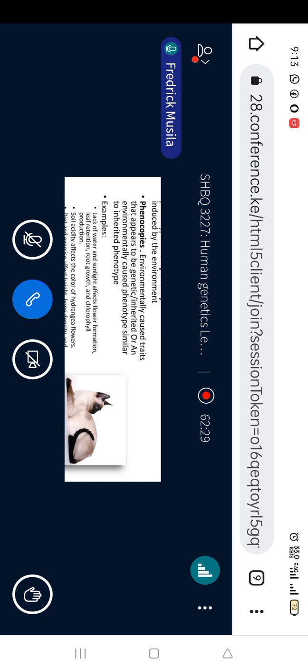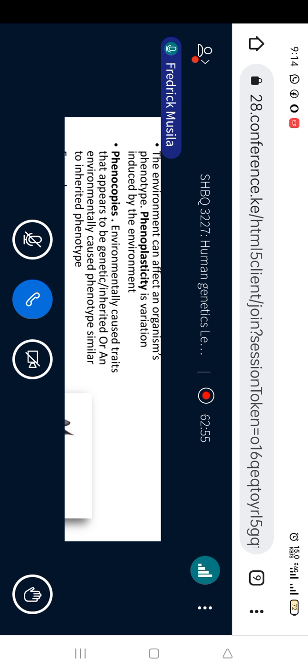Then remember, we are looking at factors which affect Mendel's phenotypic ratios. We also have something known as environmental influence. So the environment also brings about variation, but these variations are not genetically based. They are actually due to the environment. If you look at the DNA, you'll find that they are not evident, or you cannot trace them back to the DNA.